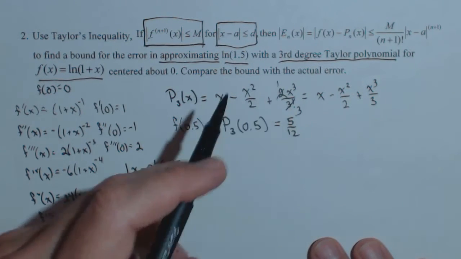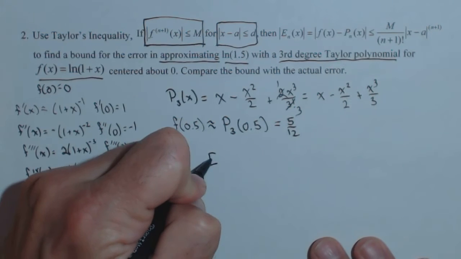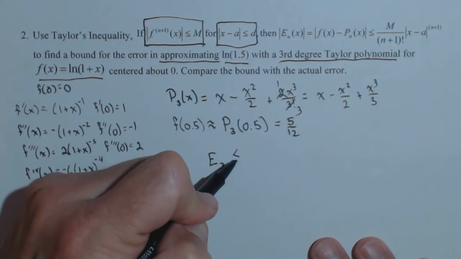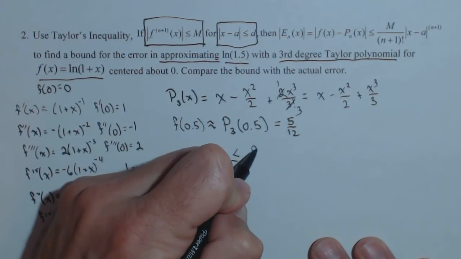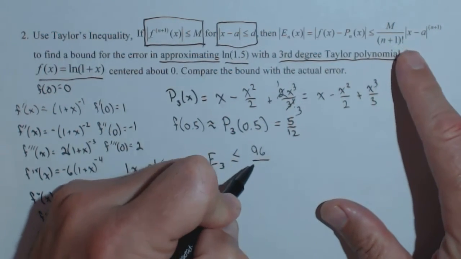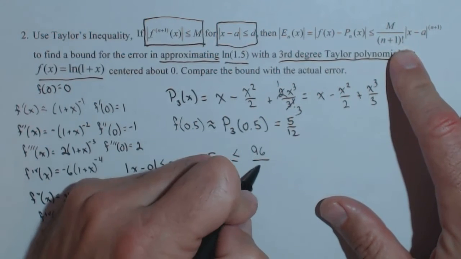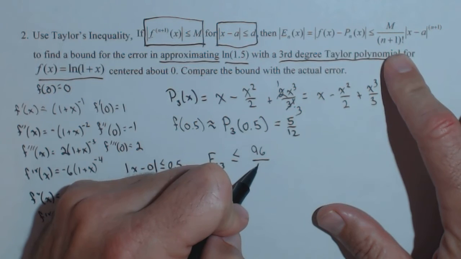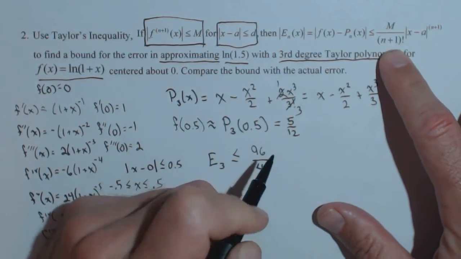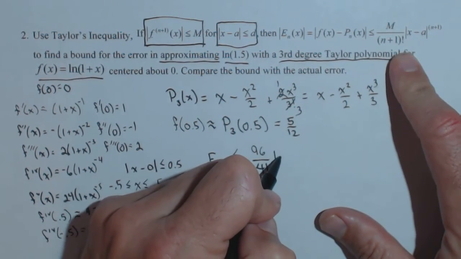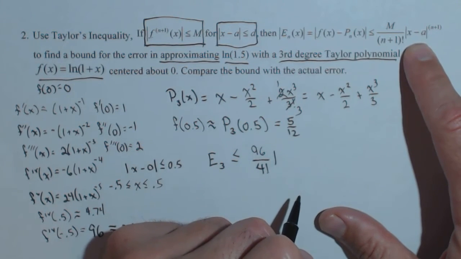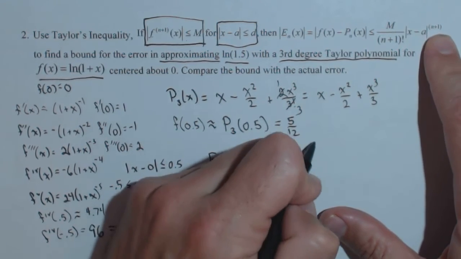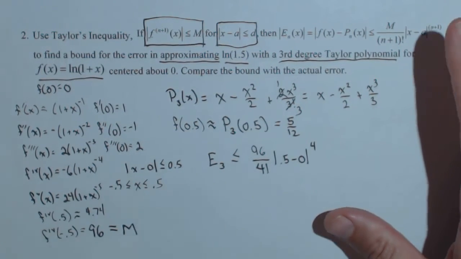So now we can get our error bound. Our error bound in our third degree Taylor polynomial is going to be less than or equal to 96, so plugging that in for m, over n plus 1 factorial, which is 4 factorial because we have n equals 3, times, now remember we're doing this at 0.5, so 0.5 minus 0 to the 4th degree power.